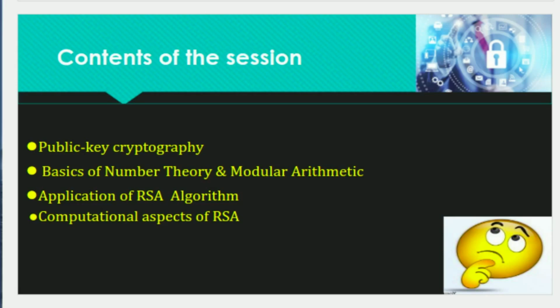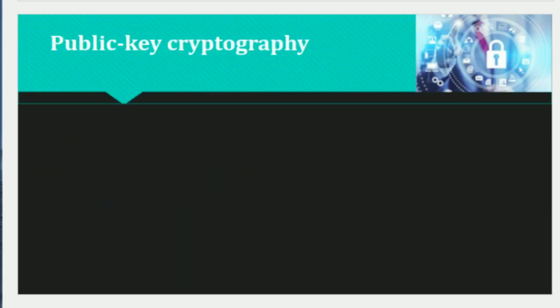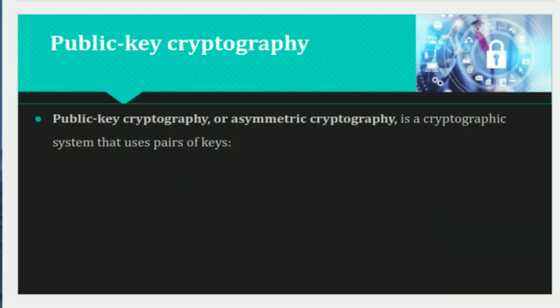Next, we will see what is public key cryptography. Public key cryptography, or asymmetric cryptography, is a cryptographic system that uses a pair of keys: a public key, which may be known to others, and a private key, which is never known except to the owner.